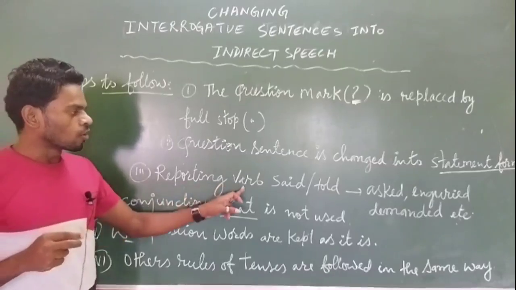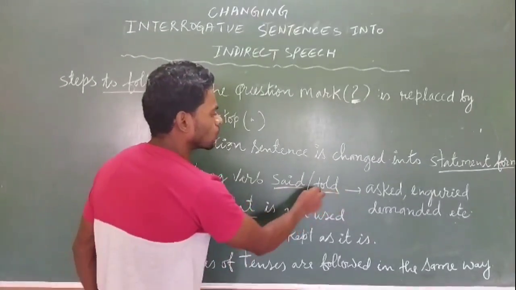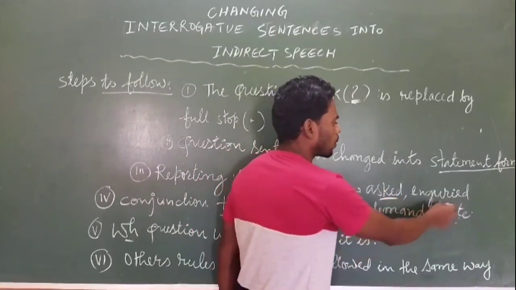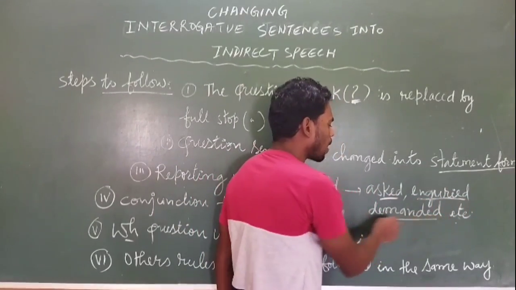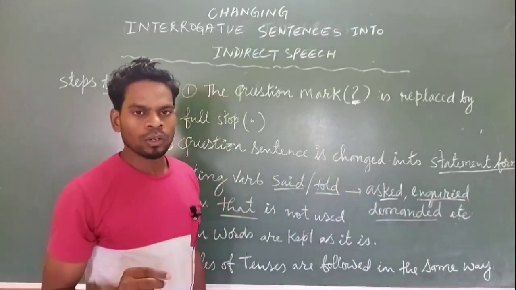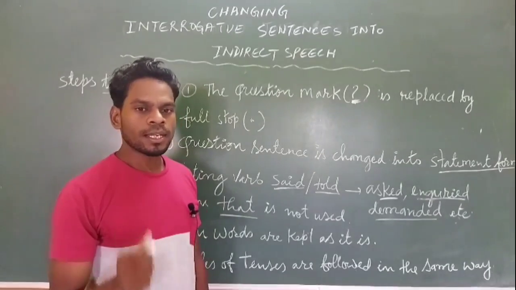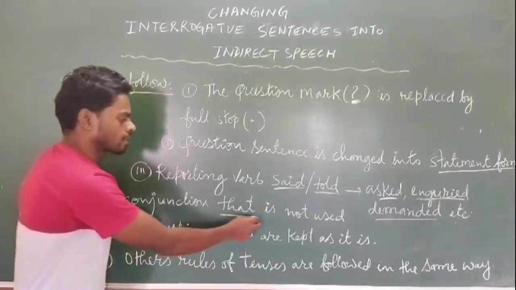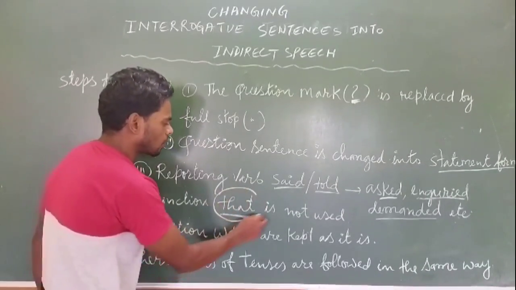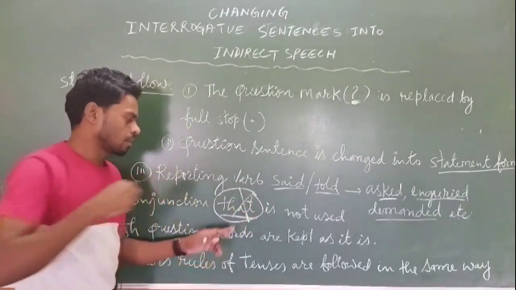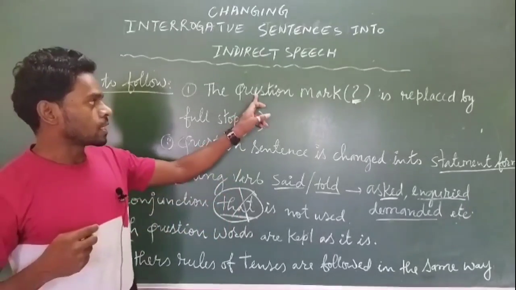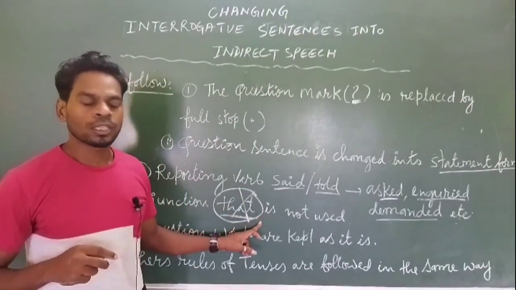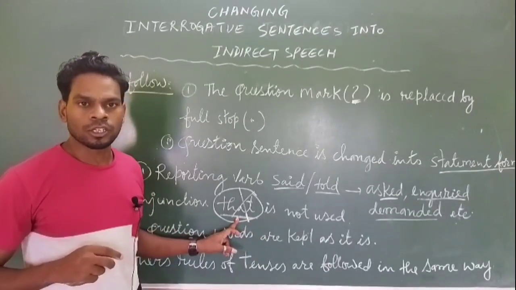Third, the reporting verb said or told will be changed into asked or inquired or demanded and so on, depending upon the sentence. Fourth, the conjunction that is not needed when you change a question sentence into indirect speech, so we do not add the conjunction that.